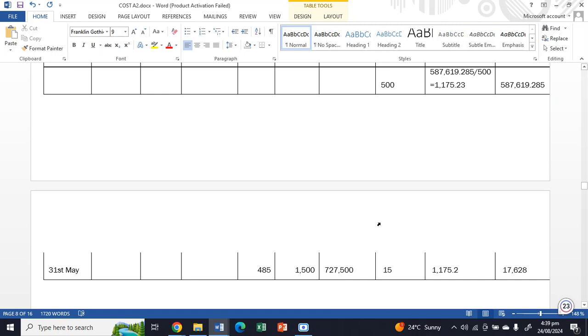And finally, on the 31st of May, we sold 485 goods, valued at average cost 1,175.23. You get 569,986.55.